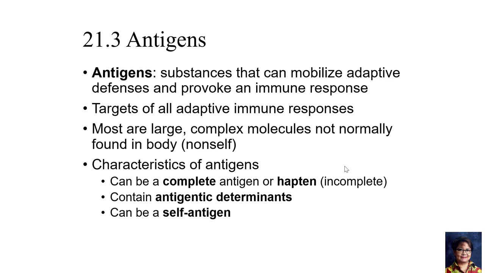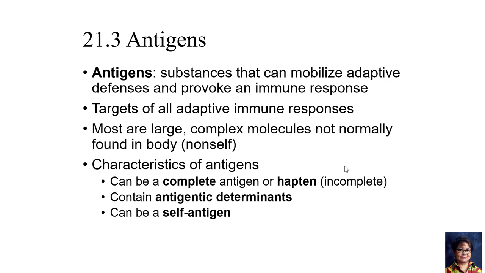Antigens are targets of the adaptive immune response. So whenever a specific immune response cell, a B cell, will defend us, it is always looking for the antigen. They will have to know what the antigen is.